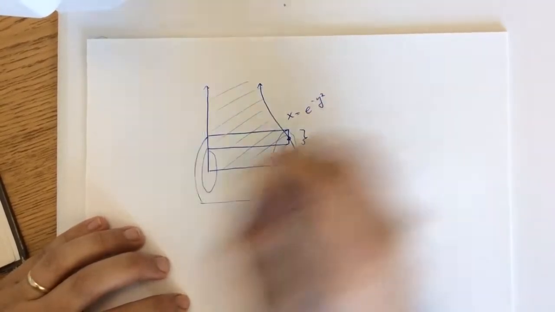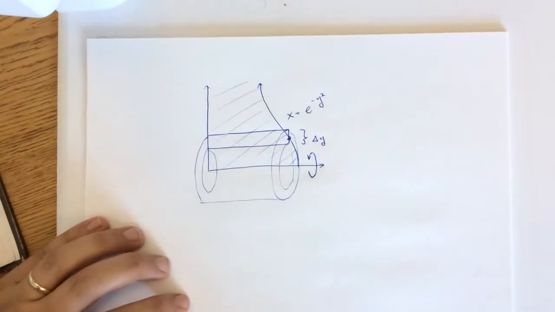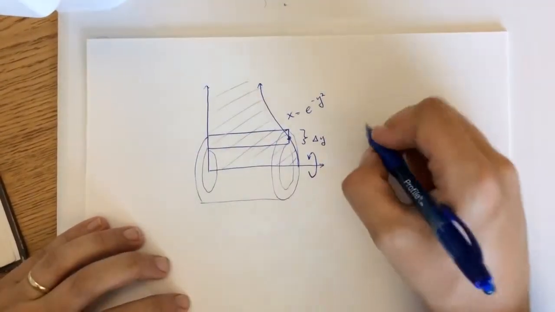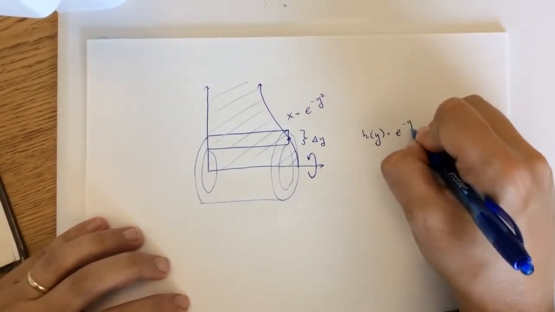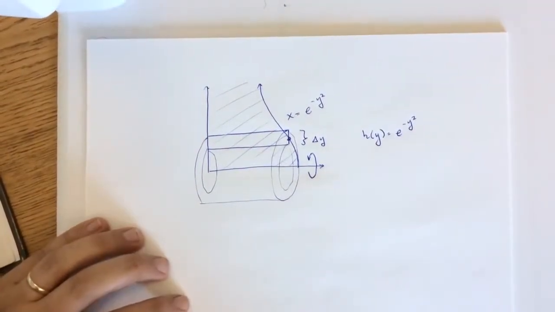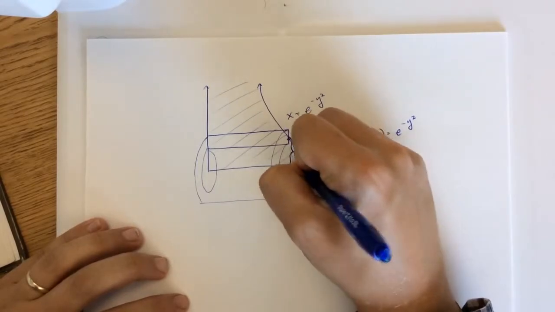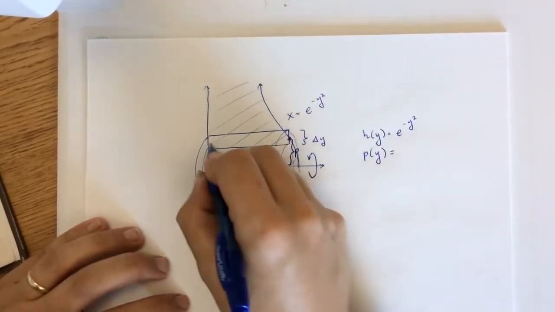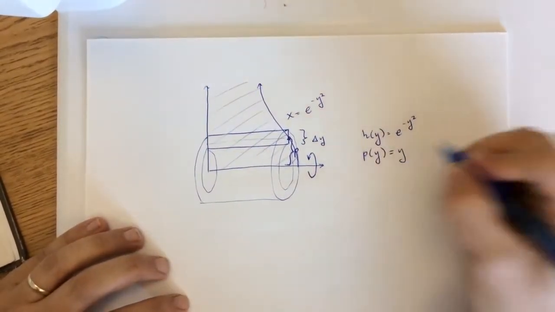Okay. The width of my shell is delta y. The height of this cylinder is my function e to the negative y squared. Okay, and then p, which is my radius, p of y is simply the y value at which I'm evaluating that function. So p of y is just y.